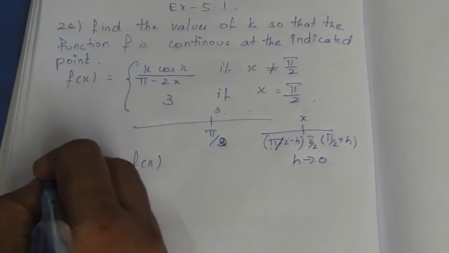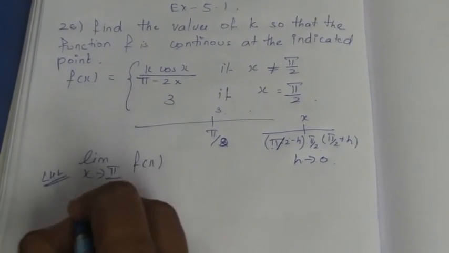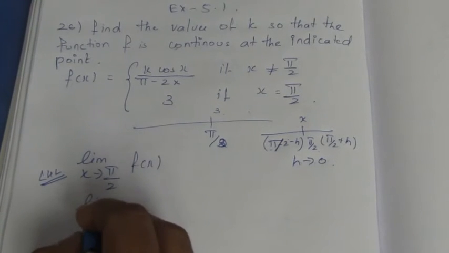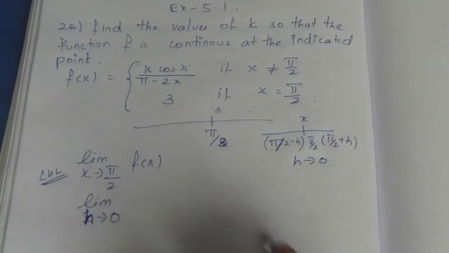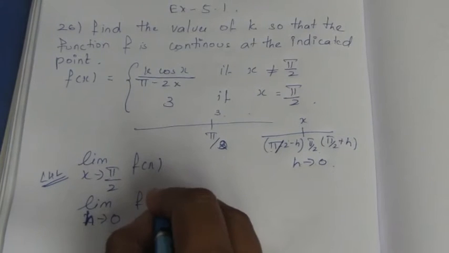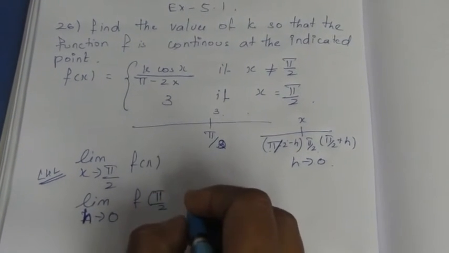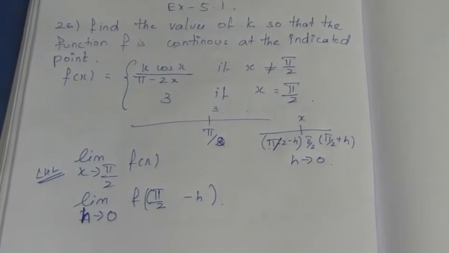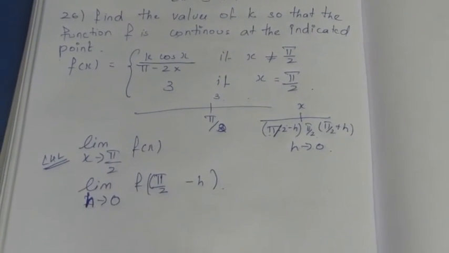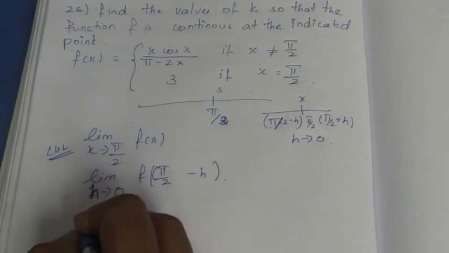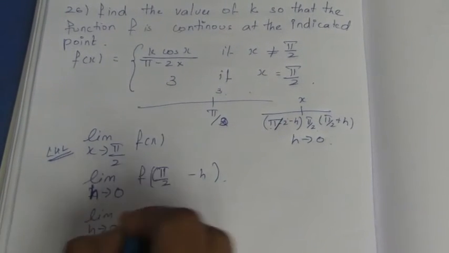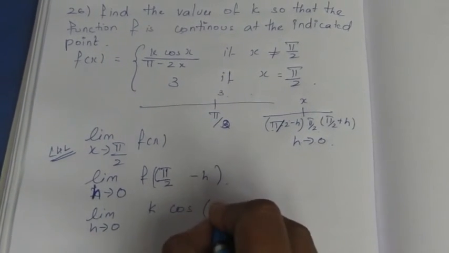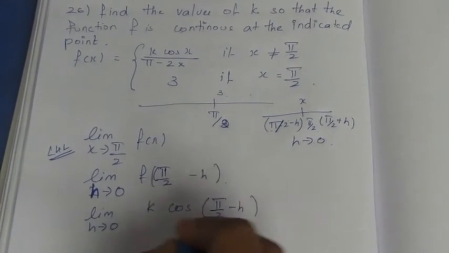I am taking the left hand limit, so limit h tends to 0 of f of pi by 2 minus h. It can be pi by 2 minus h or plus h, whatever it is, because the f of x value is same. Now limit h tends to 0, in the place of f of x we can substitute k cos x, wherever you see x, just substitute pi by 2 minus h.